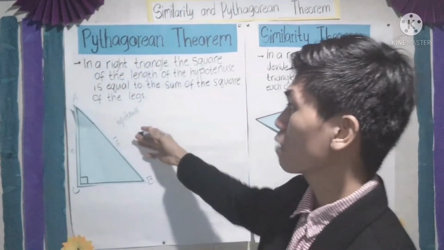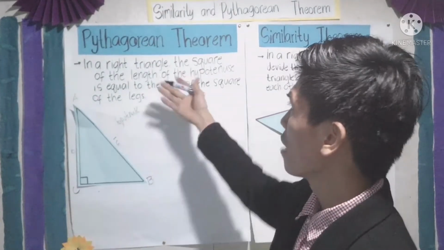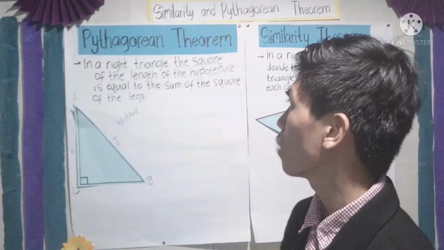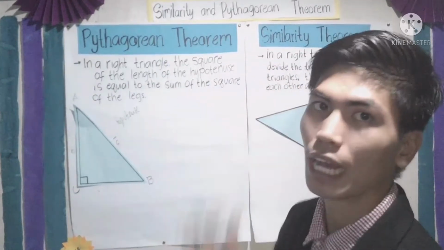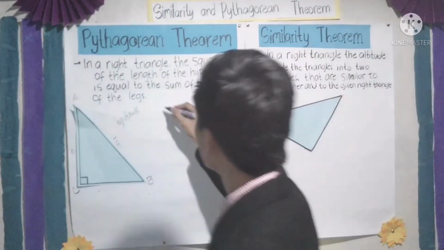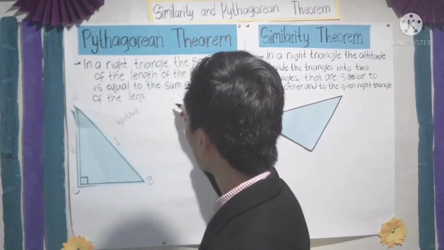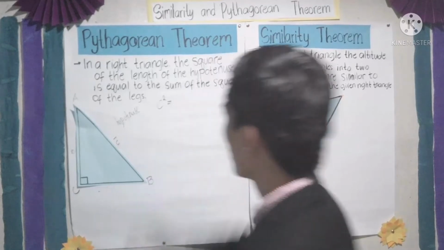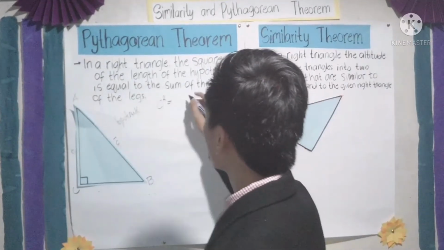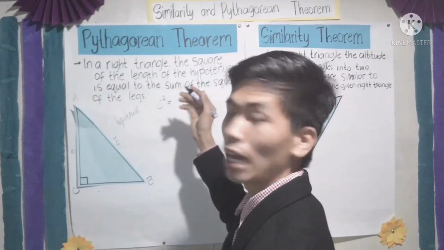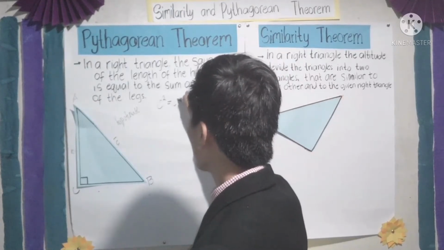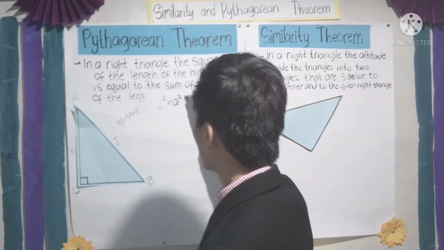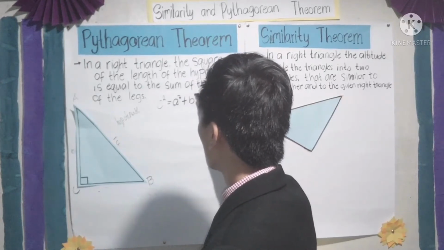So from the statement above, in a right triangle, the square of the length of the hypotenuse is equal to the sum of the squares of the legs. C is our hypotenuse, so c squared is equal to a squared plus b squared.